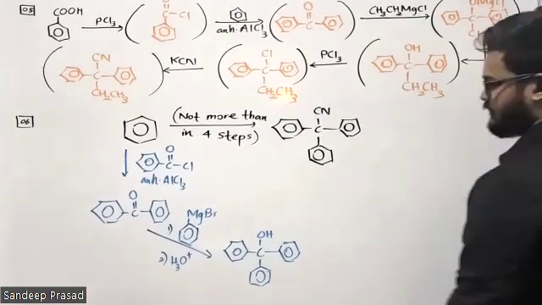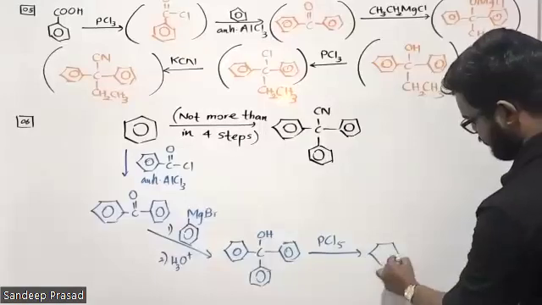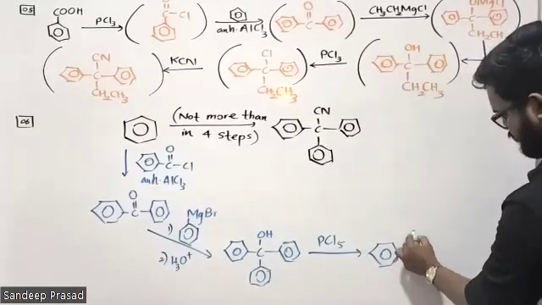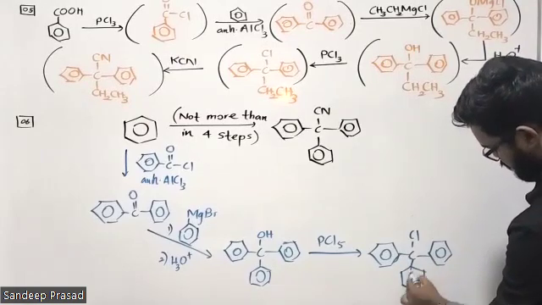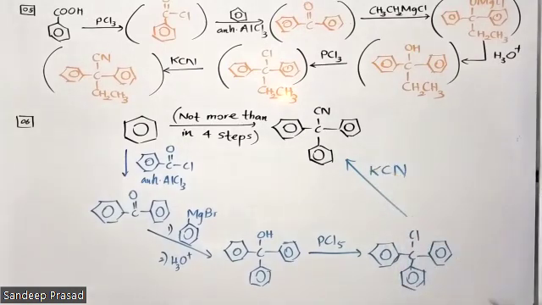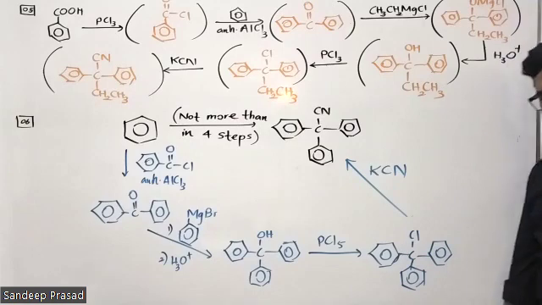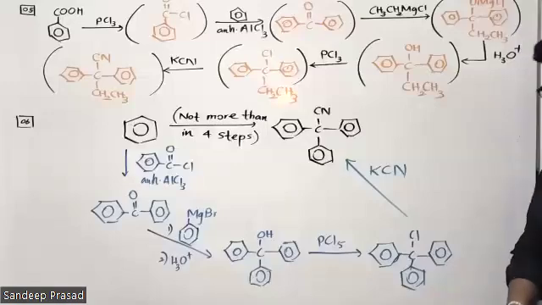Then PCl5 is added. And KCl. Easy. That's all. So there is no difficulty in this conversion. It's a very typical, very easy conversion. Understood?